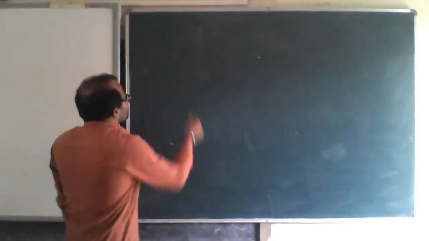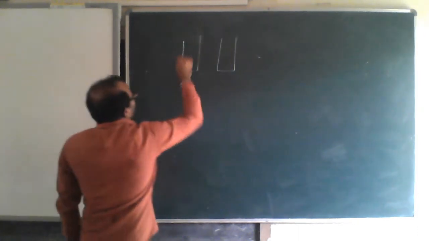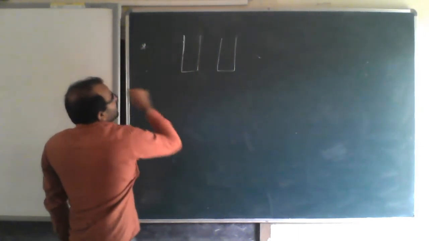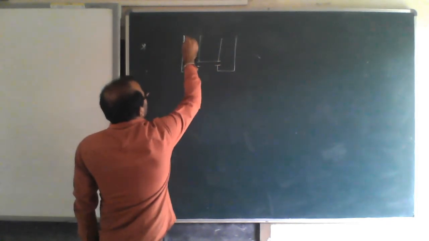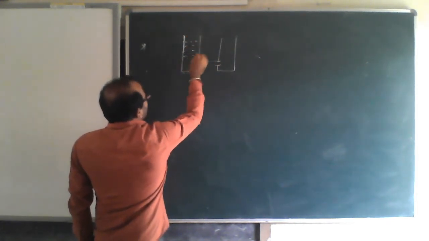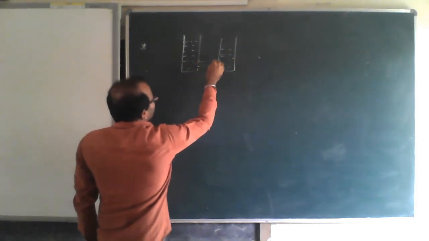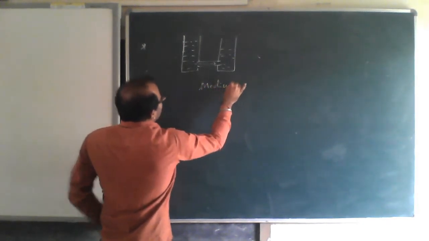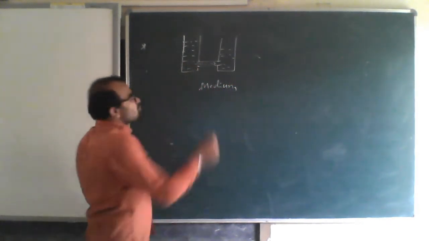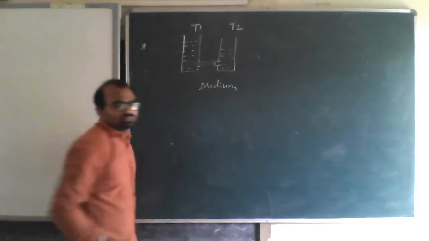So as we know, if there are 2 tanks connected by a pipe, and the difference between the water levels is less, definitely the speed of the water will be medium. This is water tank 1, this is water tank 2.